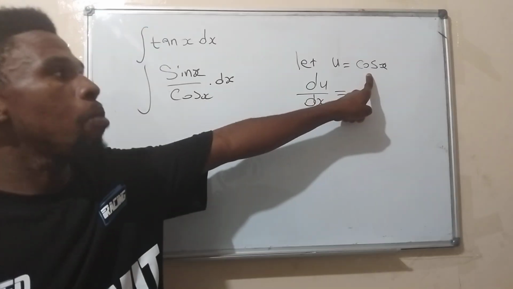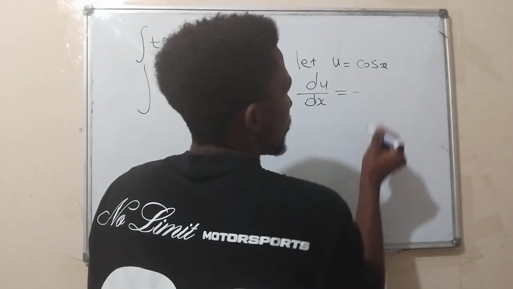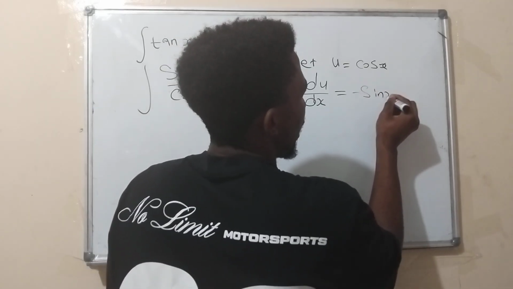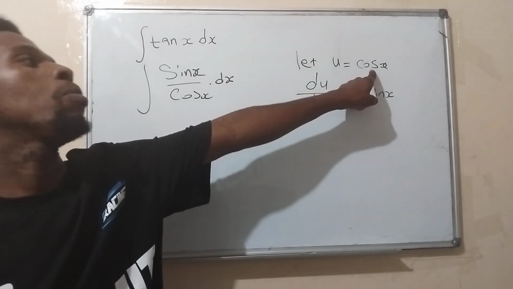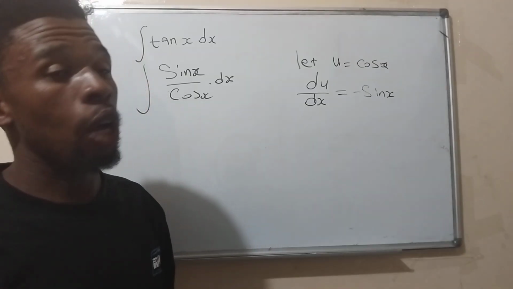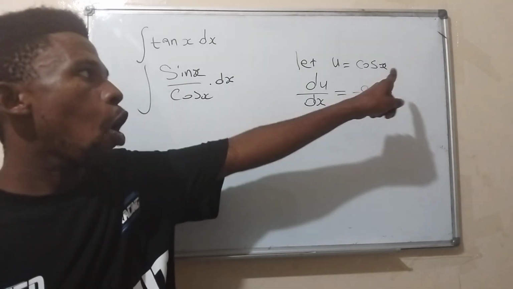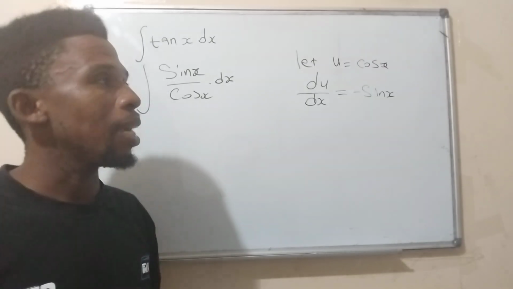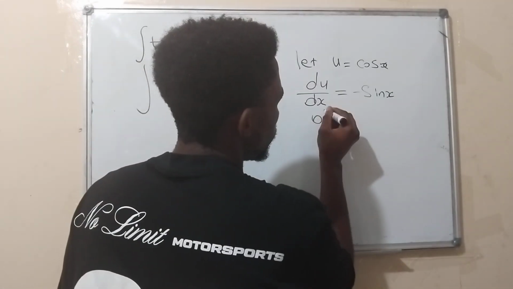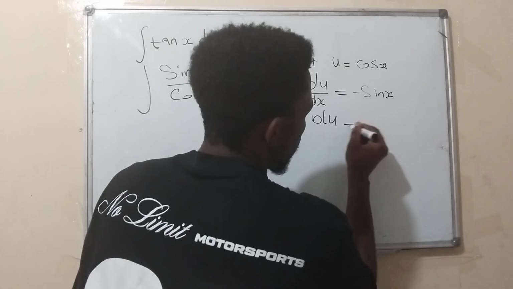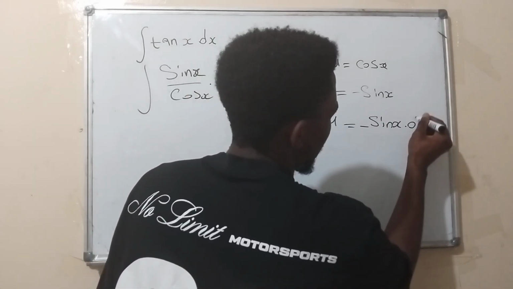The first derivative of cos x is equal to negative sin x. But the first derivative of sin x is equal to cos x, not negative cos x. Then du is equal to minus sin x multiplied by dx.